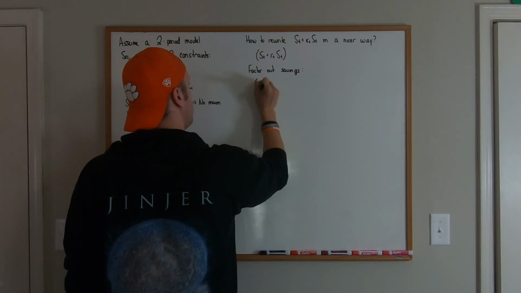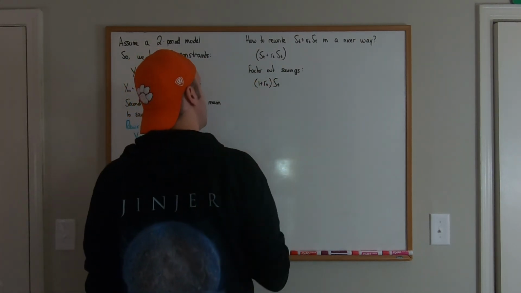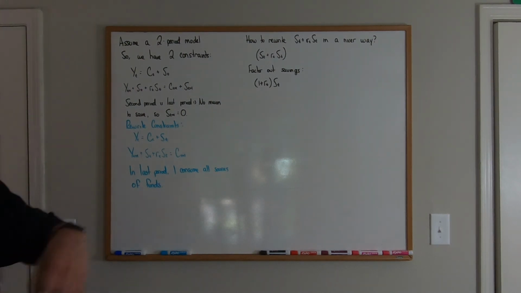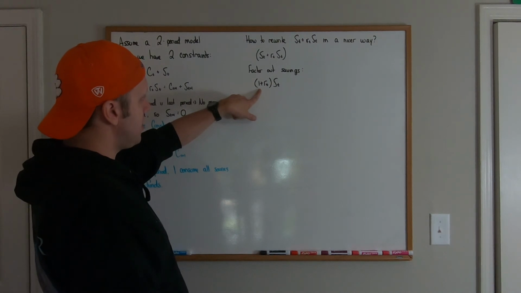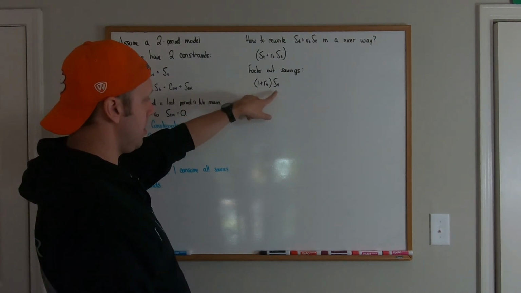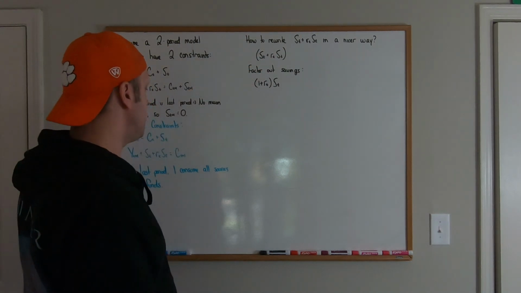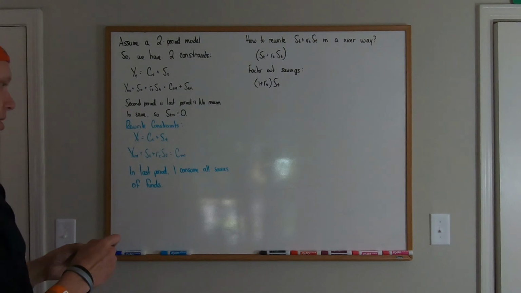What I get is this: (1 plus r) times S. So if you were to distribute S through what's inside these parentheses, you would get S_t plus r_t times S_t. This is a lot nicer to write than this is. Way nicer. Right? So let's rewrite the budget constraints again.